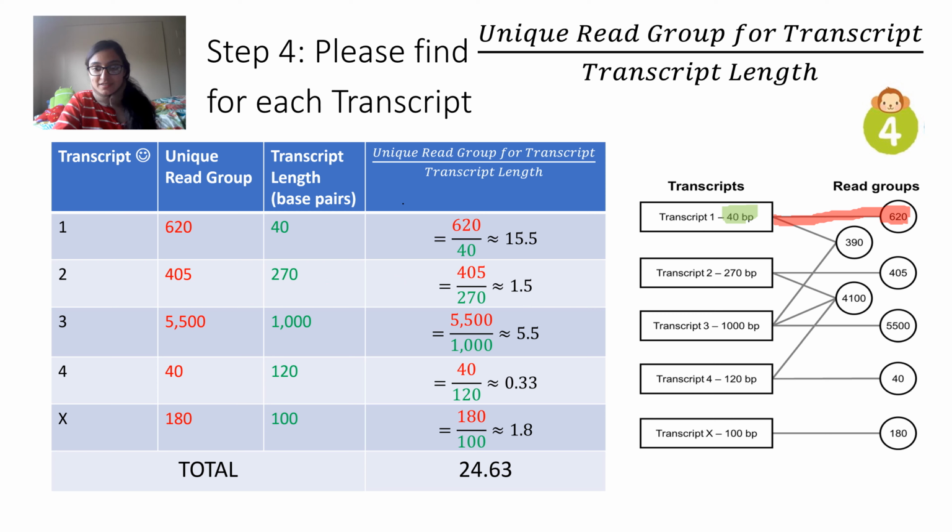So we are dividing this column, the unique read group, by the transcript length, and then we're getting this part over here. We're dividing 5,500 by 1,000, and we're getting 5.5 for transcript 3. In transcript 4, it's 40 over 120, which is 1/3 or approximately 0.33. And then 180 divided by 100 is 1.8.